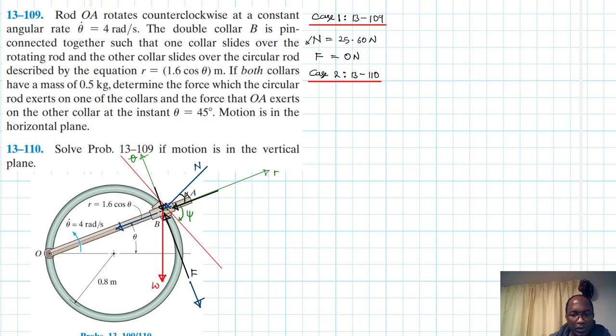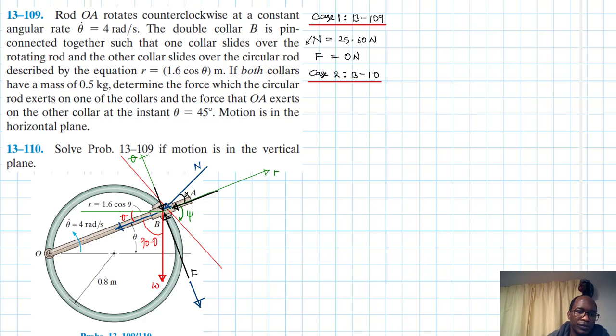So let's check the angles. This one here is theta. So if that is theta, this becomes 90 minus theta, then this one here will be theta.